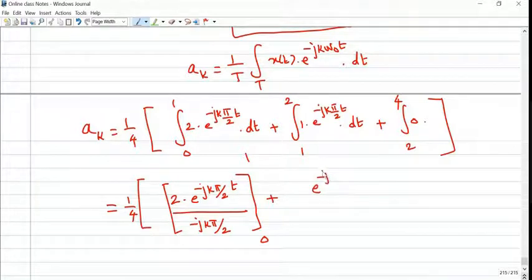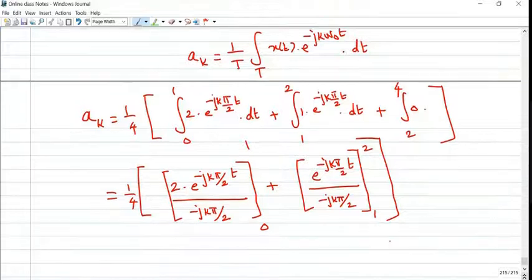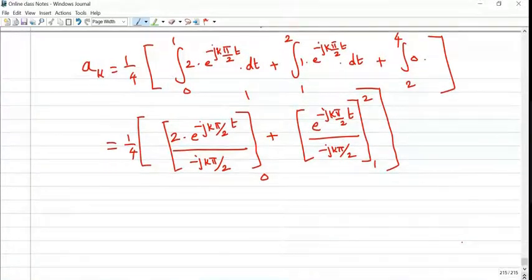Plus e power minus jk pi by 2 t divided by the differentiation of the exponential term, so e power minus jk pi by 2, limits 1 to 2. So substitute the limits carefully and solve for the final result of a_k.